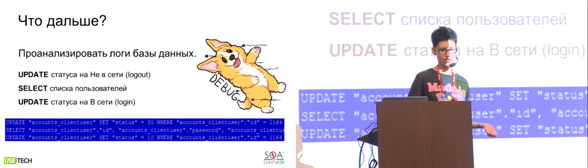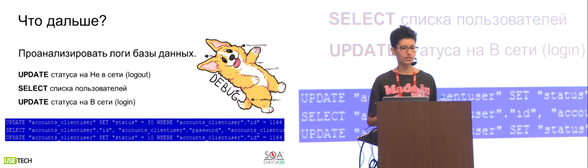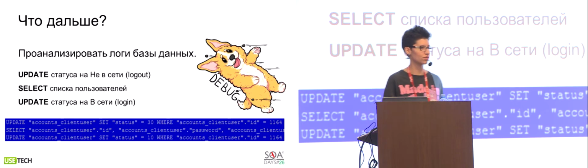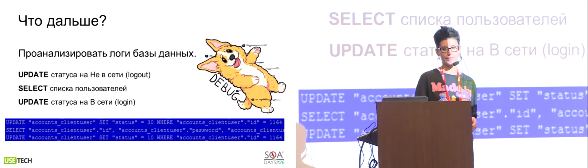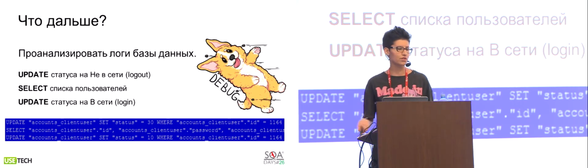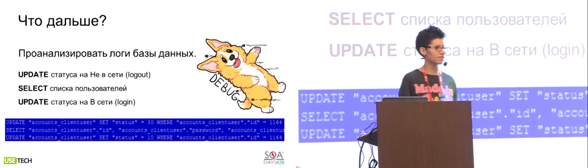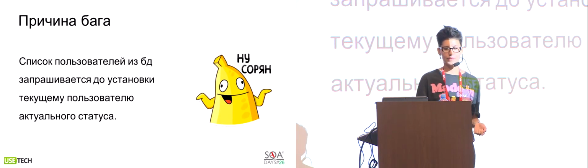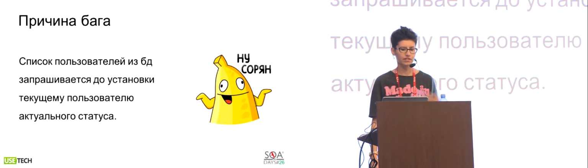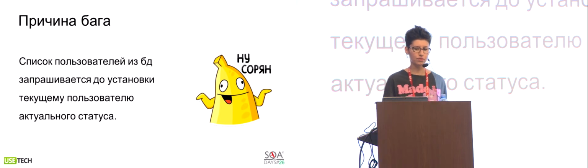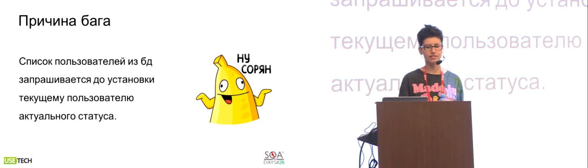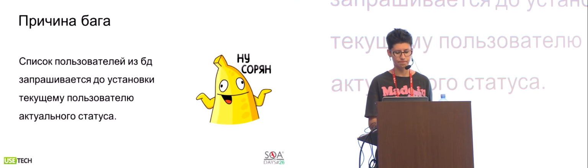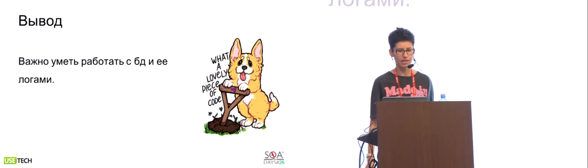Then there was a select of the status, and after that the status update took place. So the front end came back with a wrong status, so it's a wrong ordering, and there was an issue in the backend section.